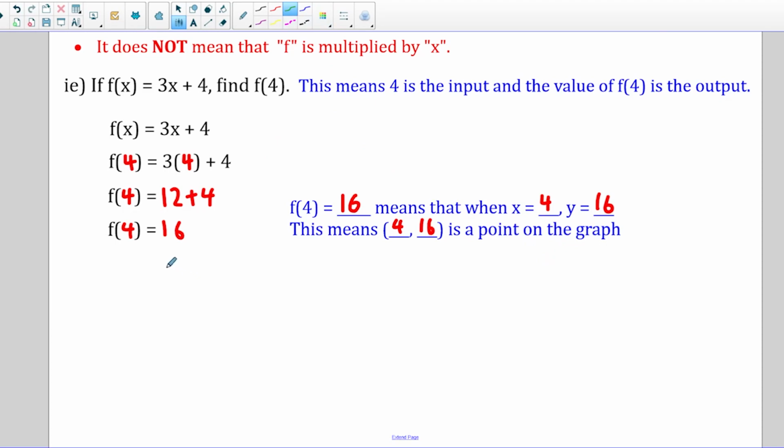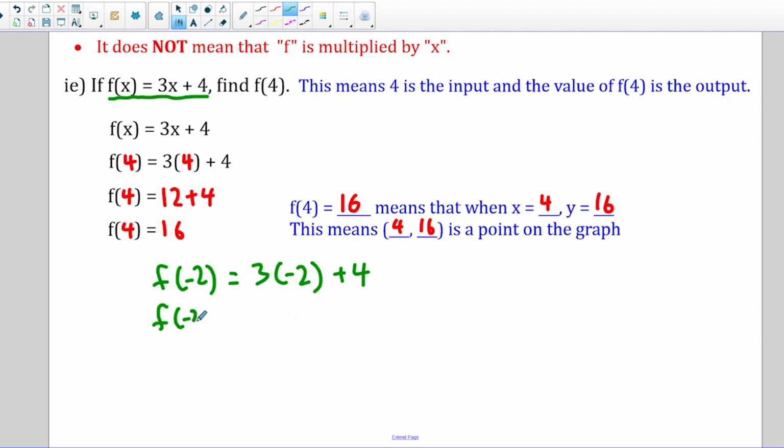If we explore one more point, say f of negative 2, given this same function up here, all we're doing is replacing the x in this function with a negative 2. We're seeing what happens if I put a negative 2 into this function.